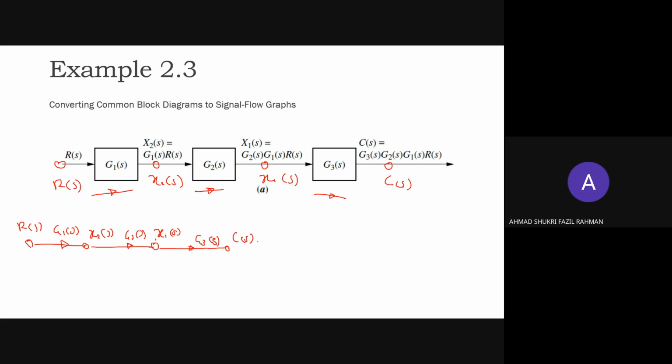Okay, so this one is quite direct. So this is the signal flow graph representation.